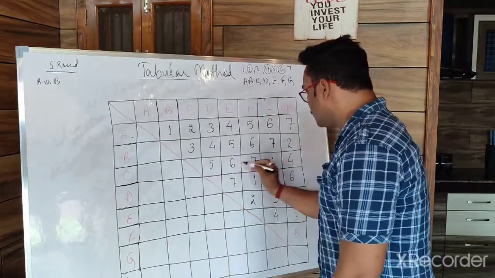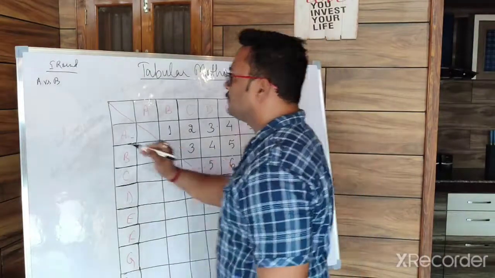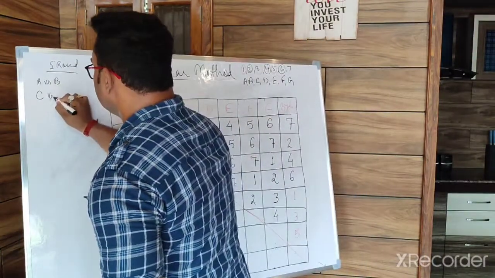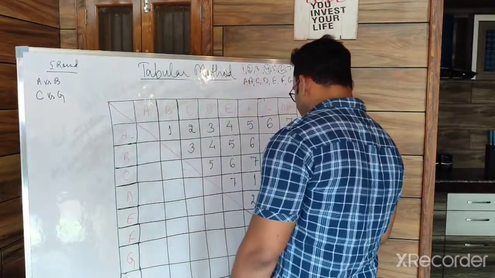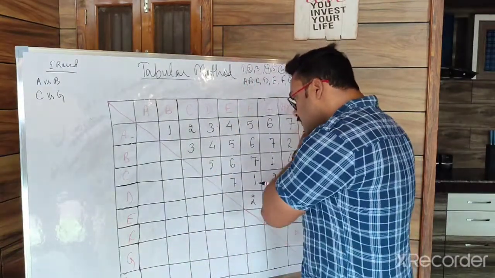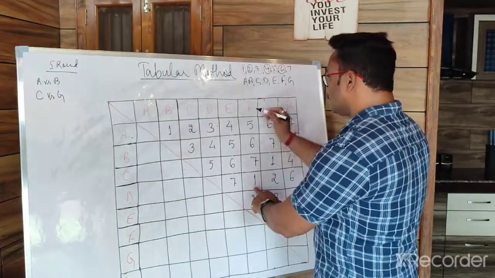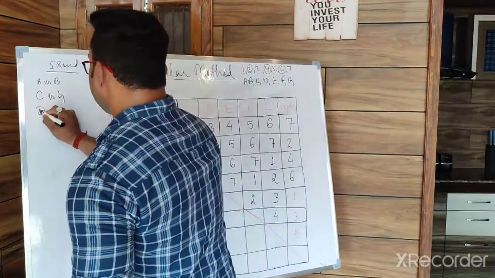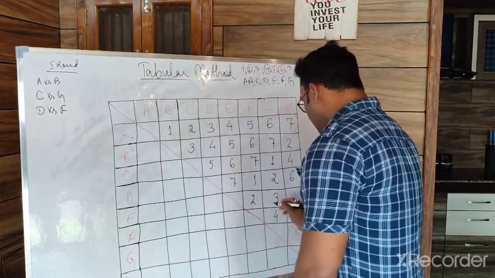Then where you have 1? Not here, not here. This side. So C versus G. Then again where we have 1? 1, 1, 1. D versus F. Then anywhere else? 1.